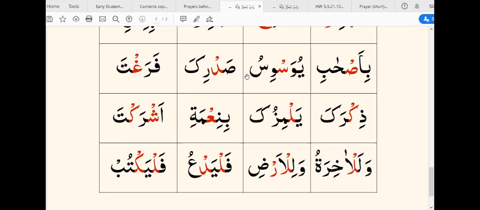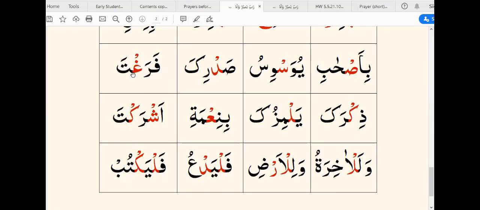Well done. Over here we have letter Dal with a sukoon. So we're going to join letter Swad that has a fatha with letter Dal. Sadrika. Well done. Over here we have letter Ghain with a sukoon. We're going to join letter Ra that has a fatha with letter Ghain. Ra. Yes, so let's join all the letters together.